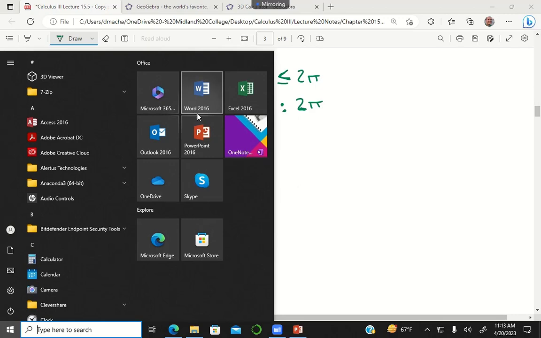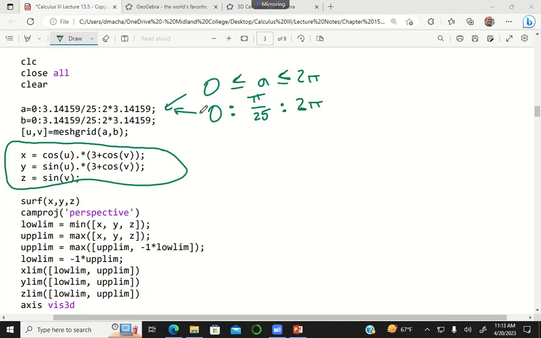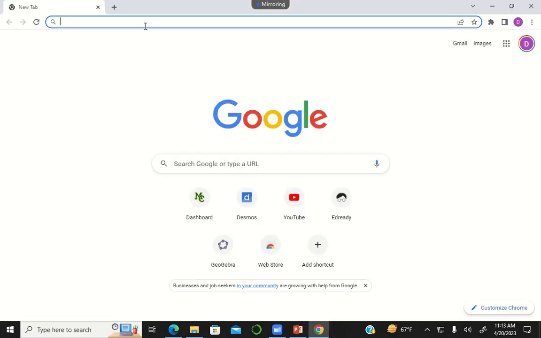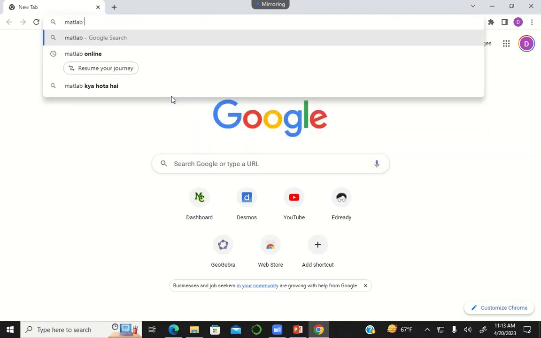And to do that, I'm going to go to Chrome, and then I'm going to search for MATLAB Online.